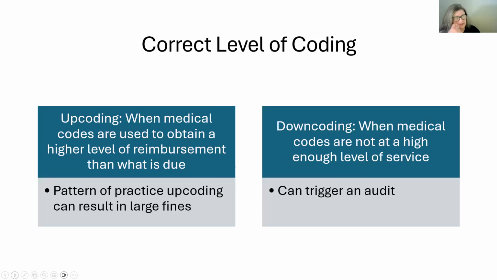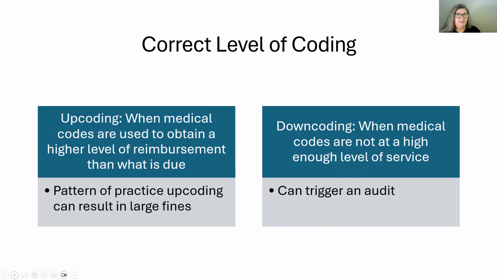All righty. There is also the matter of making sure that you are using the correct level of coding. There's a couple terms that you want to be familiar with here. One is called upcoding, one is called downcoding. Makes sense. Upcoding is when medical codes are used to obtain a higher level of reimbursement than what's actually due.